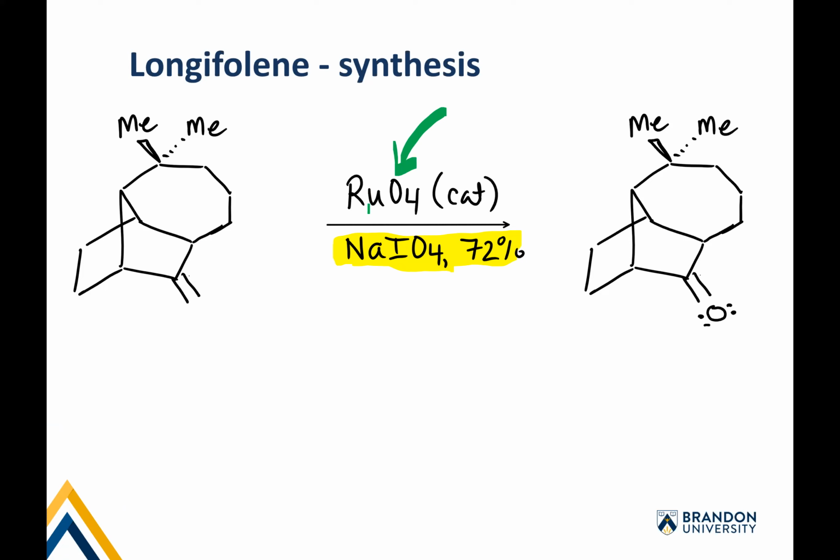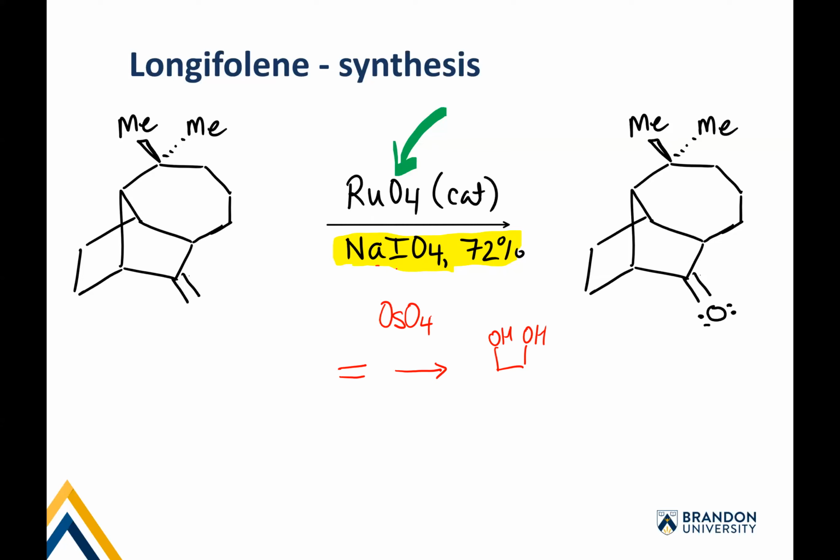So there's a catalytic amount of ruthenium tetroxide, and the sodium periodate is the main oxidant. So we've got a co-oxidant, and together the NaIO4 can reoxidize ruthenium to ruthenium 8, or ruthenium tetroxide. But we've seen something very similar to this in organic 2, right? We would have used osmium tetroxide on a double bond to make a diol.